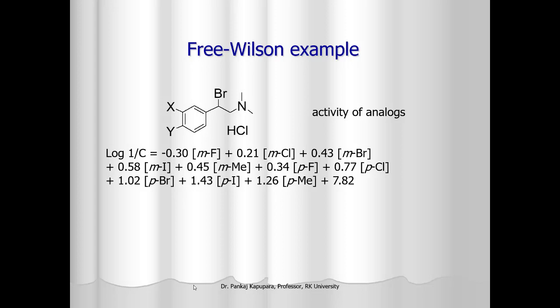Like this, we have already taken this example of the phenylethylamine moiety in the MLR study. So here the equation is like this: log 1 upon C is equal to minus 0.30 meta-fluoro, 0.21 meta-fluoro. That is the coefficient, and that is the position, meta or para, and that is the group.